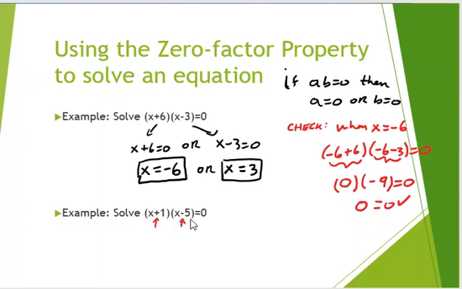So the actual solution or roots of this or zeros of this function would be x equals negative 1 or x equals 5. And you can quickly check: if you plug in negative 1 here, negative 1 plus 1 gives you 0, or if you plug 5 here, 5 minus 5 gives you 0. So those are the two solutions or zeros of this function.